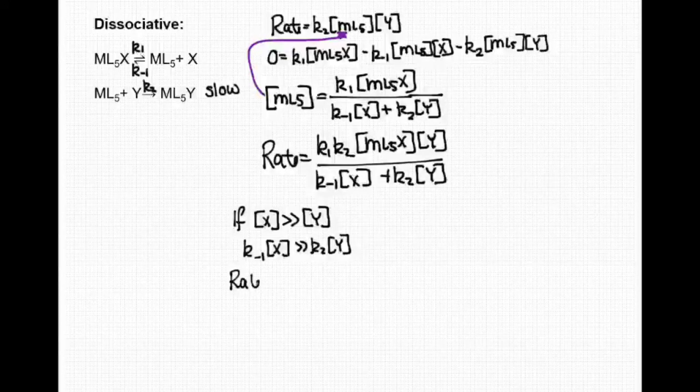That means that the K2 times Y part effectively becomes 0, and we can imagine that it goes away.